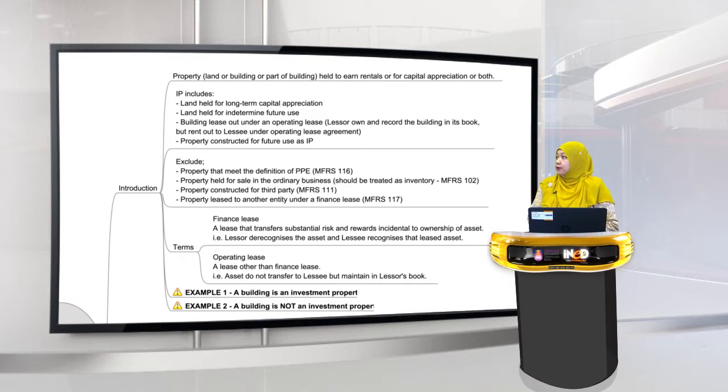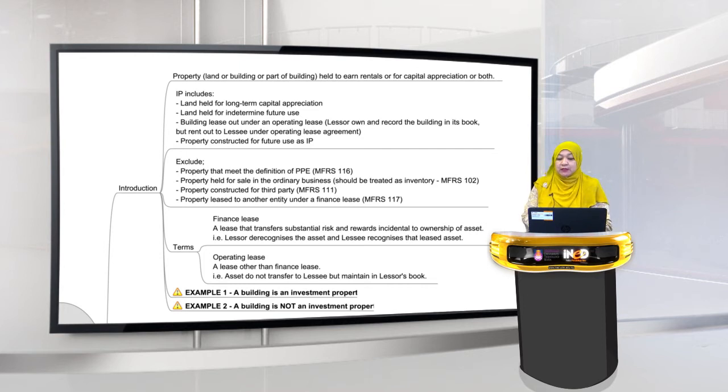However, if when we purchase the property the intention is to rent it to others or for capital appreciation, that is, we intend to sell it back, then this type of property will fall under MFRS 140.